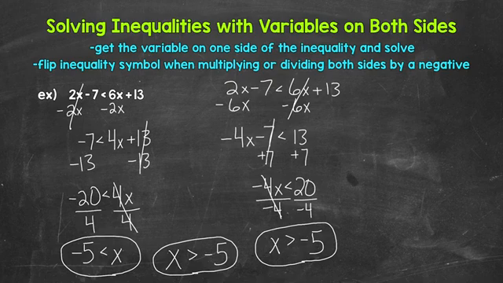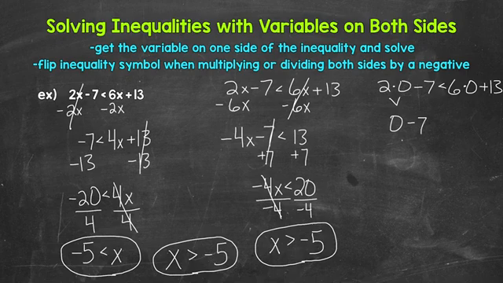Lastly, let's check something greater than negative 5 and see if it works. See if we are correct here. Let's use 0. 0 is greater than negative 5, so plug in 0 for x. We have 2 times 0 minus 7 is less than 6 times 0 plus 13. So as far as the left, 2 times 0 is 0, and 0 minus 7 is negative 7.